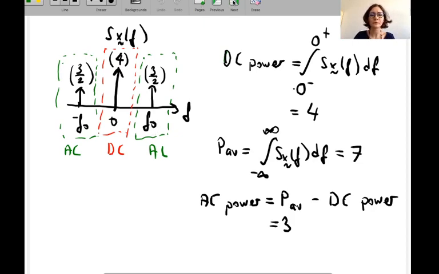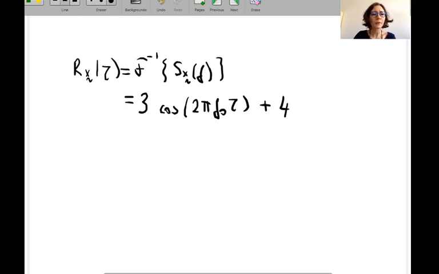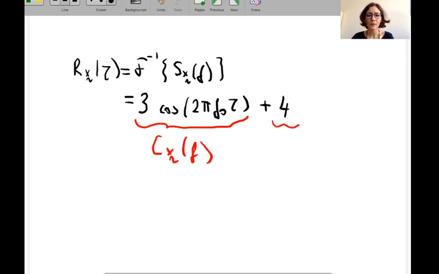So from the 2 symmetric impulses, you have 3 cosine 2 pi f0 tau. And then from the impulse at f equals 0, you have the constant term 4. And remember, recall that this actually gives us the decomposition of the autocorrelation function in terms of the autocovariance function and eta x squared.